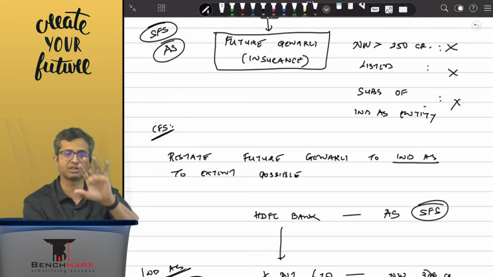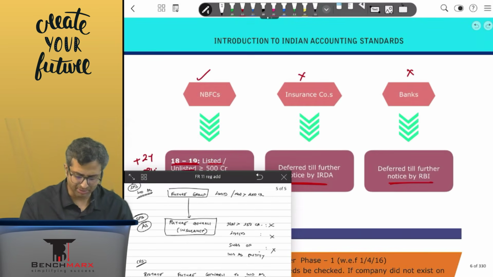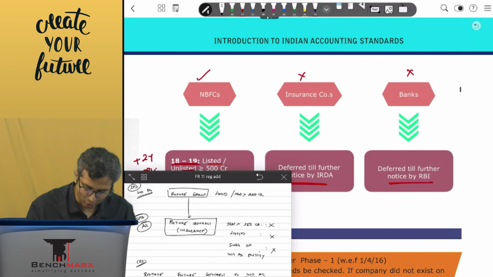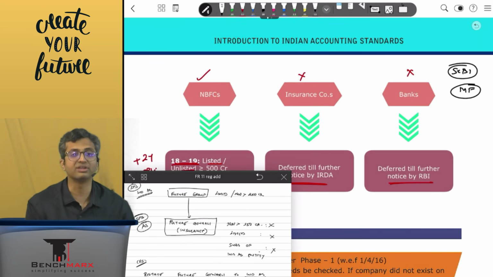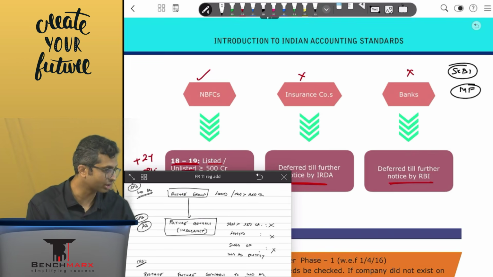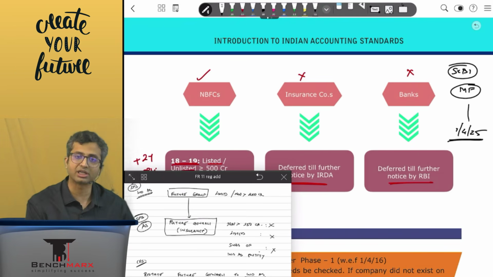They can make a complex question out of it for group application. Just for your knowledge, you can note down here: mutual funds. No sum will come on this, but mutual funds are governed by whom? SEBI, Securities Exchange Board of India. They covered mutual funds, and they have said mutual funds will apply Ind AS from 1st April 2025 onwards.